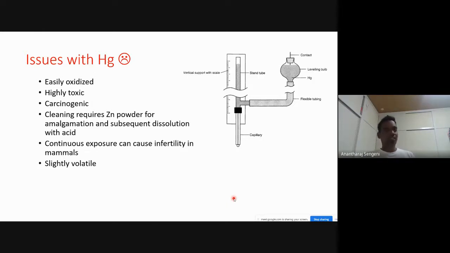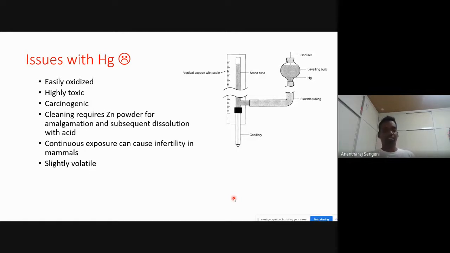And to clean the drop or spillover, which is inevitable when we use a dropping mercury electrode, needs zinc powder to make an amalgam of zinc and mercury, and then subsequent dissolution in an acid like nitric acid or sulfuric acid, which are hazardous processes. And when one continues to work with mercury drop for a while, be it a female or a male mammal, not only human beings, every mammal will have an increased danger of losing their fertility.